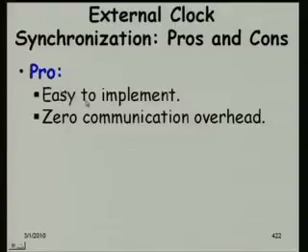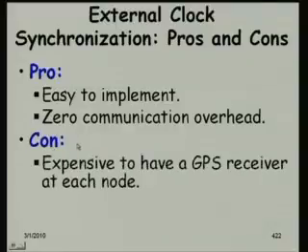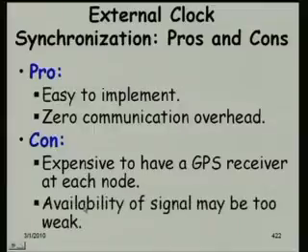It is easy to implement, just keep on sensing the time and setting it. Zero communication overhead on the internal network, because these are broadcast to these nodes. But the disadvantage is that it is expensive to have a GPS receiver at each node, and possibly that is the reason why external clock synchronization is not used in distributed real time systems. And also, depending on the location where it is deployed, the availability of the signal may be weak, it may fade and so on.